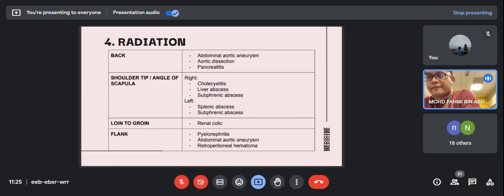So for renal colic, how does it differ from biliary colic and shoulder tip pain? Nurul, how does biliary colic differ from renal colic?